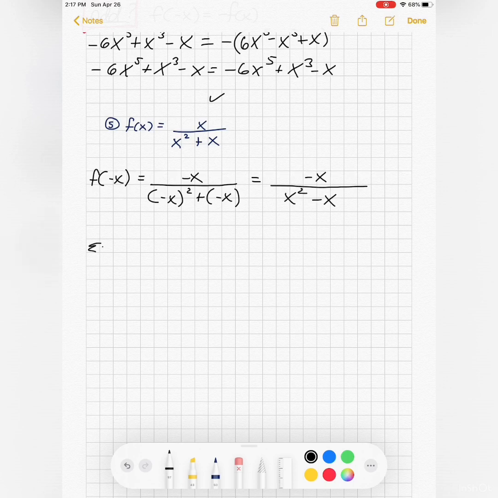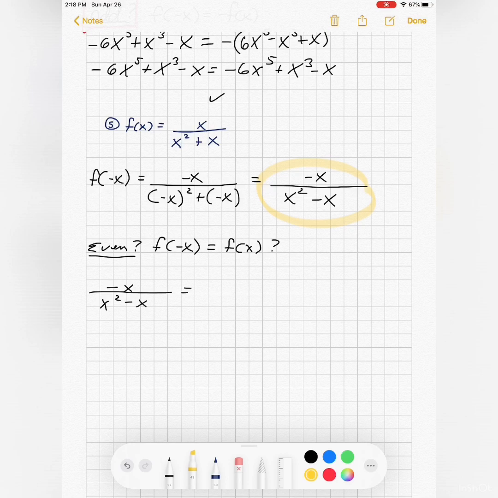Okay, and then to compare, so this part will be more interesting. Okay, so is this equal to this?